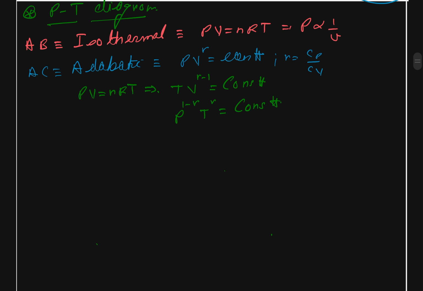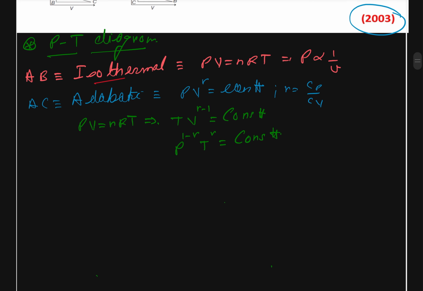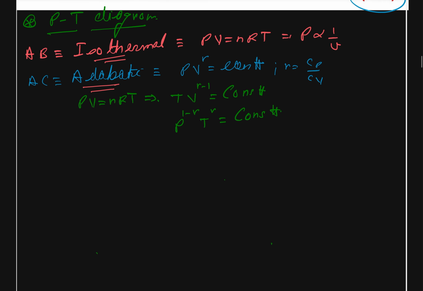So we know that our AB is our isothermal. So we have already written that, and we have AC is our adiabatic.